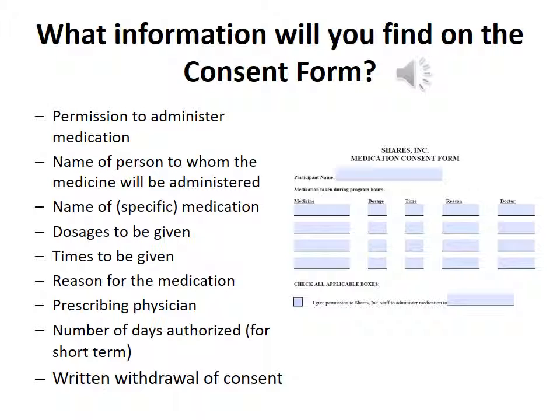We want the specific name off of the bottle of medicine. Dosages to be given, times to be given, reason for giving the medication, the prescribing physician, the number of days authorized if it's a short-term medicine, and then at the bottom of the consent form, there's a little section where people can withdraw consent to administer the medication.